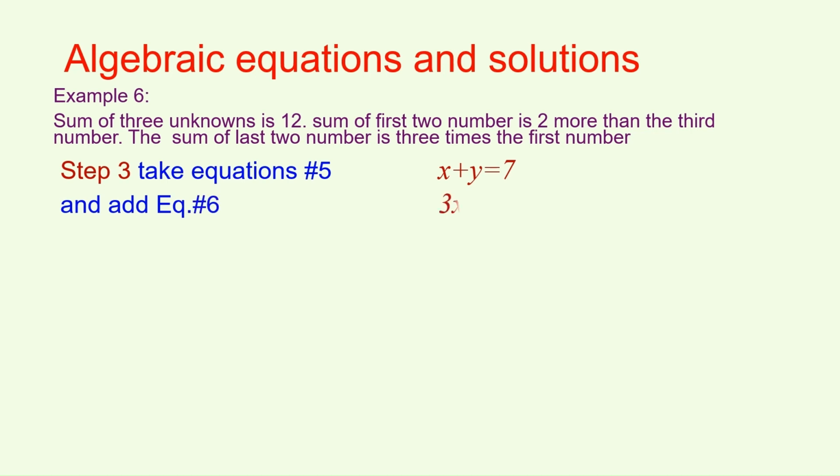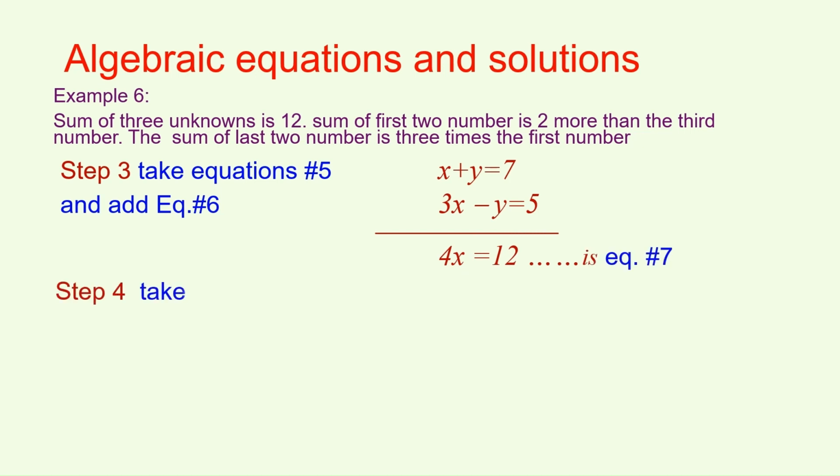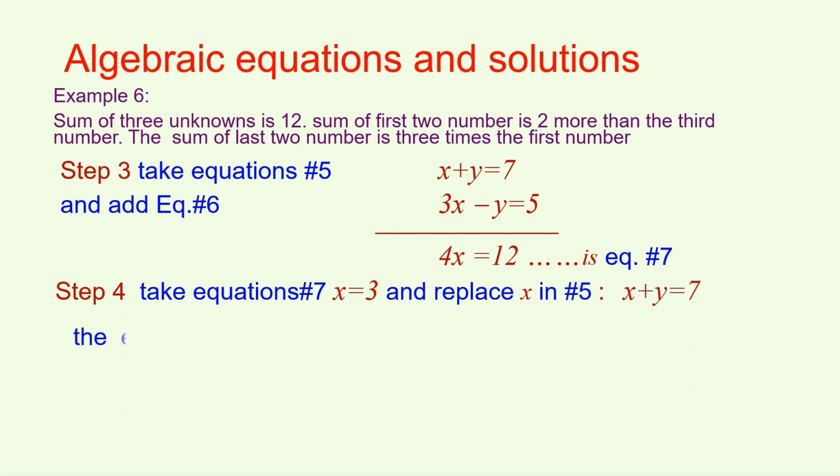Step 3. Take equation number 5, x plus y equals 7, and add equation number 6, 3x minus y equals 5. We get 4x equals 12, or x equals 3, is equation number 7. Step 4. Take equation number 7, x equals 3, and replace x in equation number 5, x plus y equals 7.